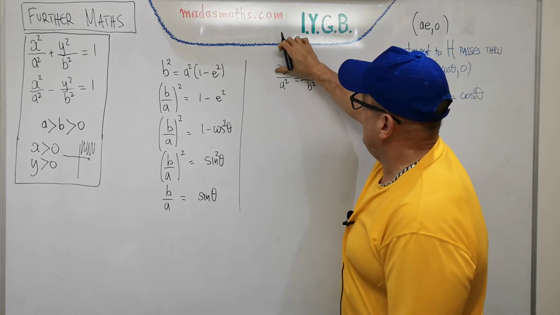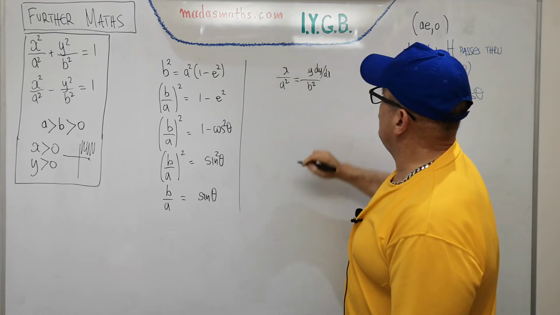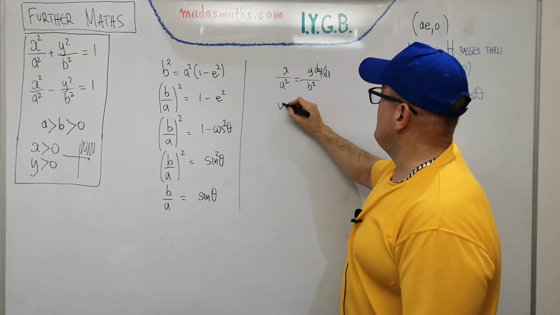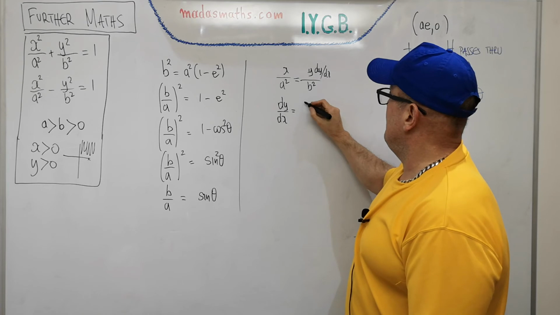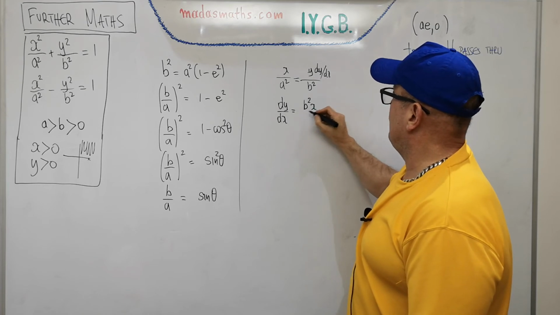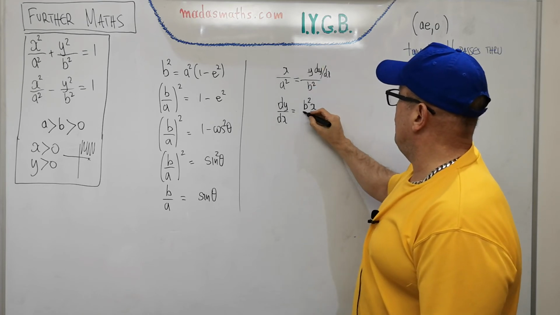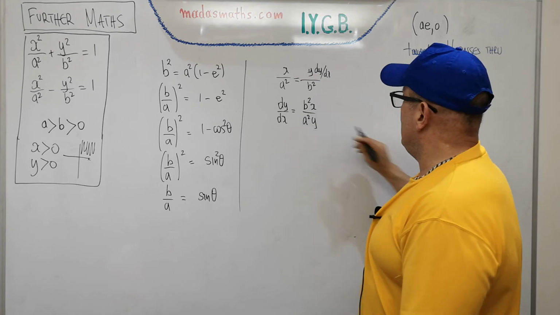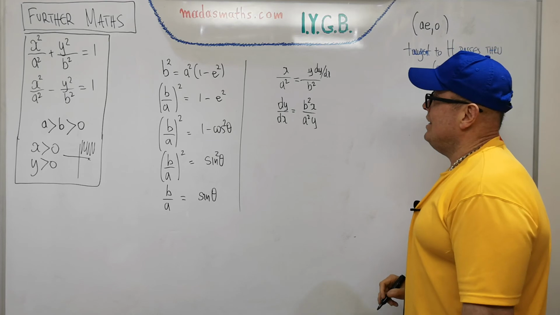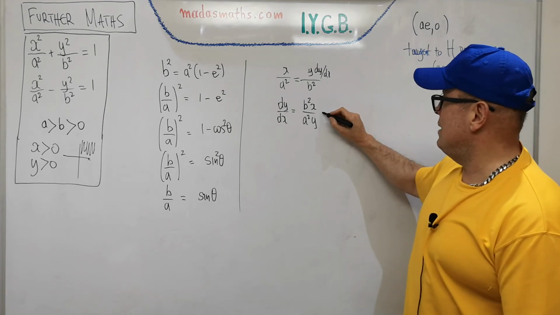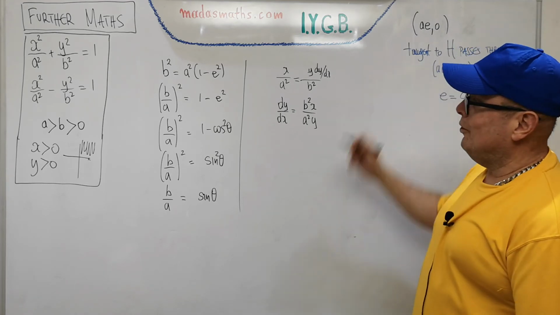Lose the 2s, and then dy by dx is going to be b squared x over a squared y.